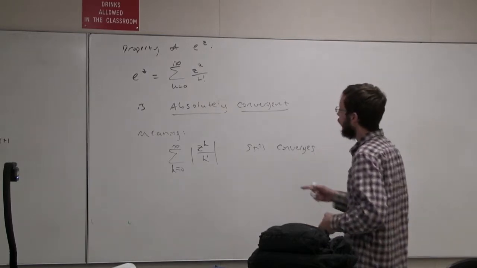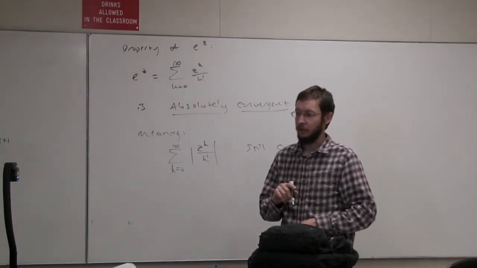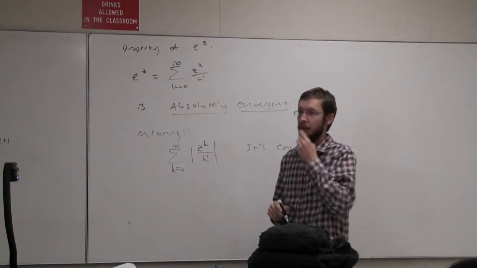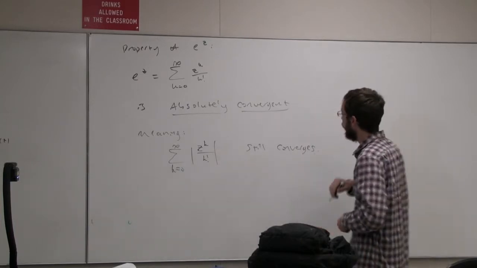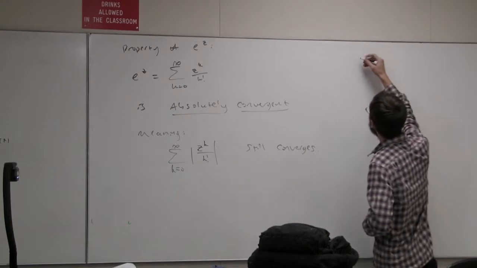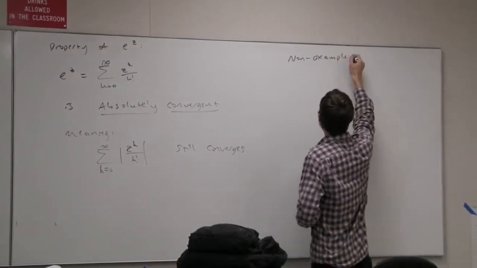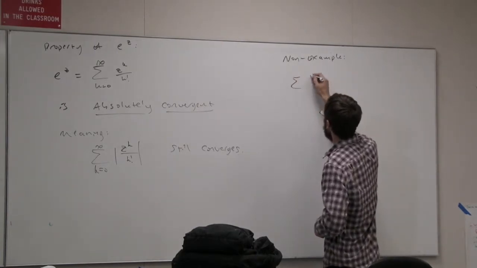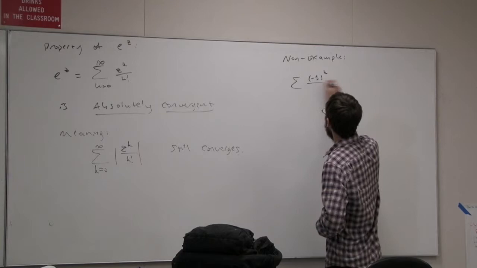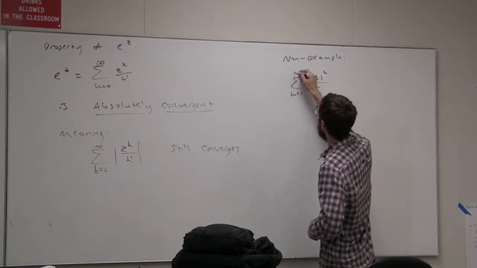And so to get an idea of what this absolute convergence is, like to gain some intuition for it, I think it'd be good to consider something that's not absolutely convergent. And so let's do this non-example here, where we consider this alternating series, the sum of -1 to the k over k, with k running from 1 to infinity.